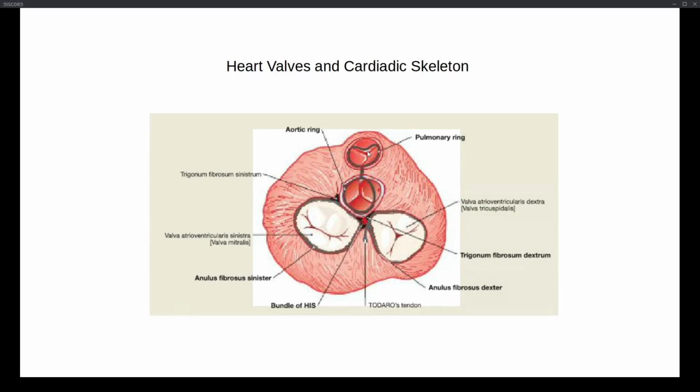There are three of them each, and these are actually very different from the valva mitralis and the valva tricuspidalis, which would be the openings from the atrium towards the ventricle.